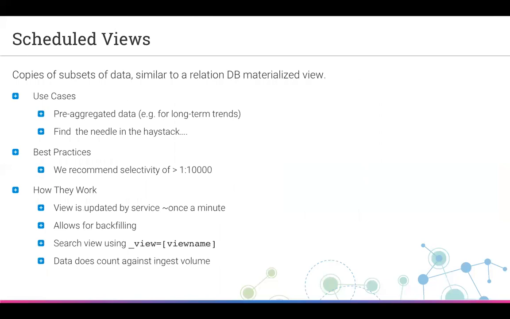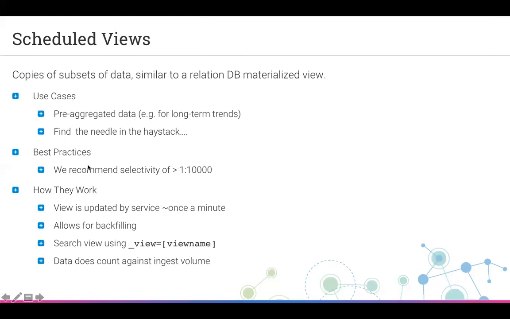What you're doing is you just have a view of normally aggregated data. So 99% of the time, the use case for scheduled views is you want to run a search for 365 days. Well, why don't you pre-aggregate a lot of the data that you want to run and then store it in a scheduled view, so that when you run that query, it's going to be a lot easier to get that data out of there, right?